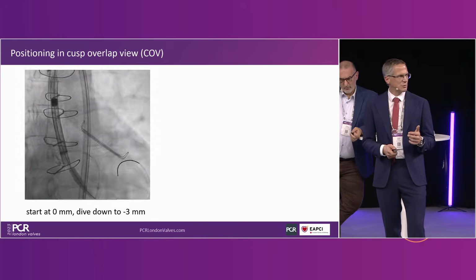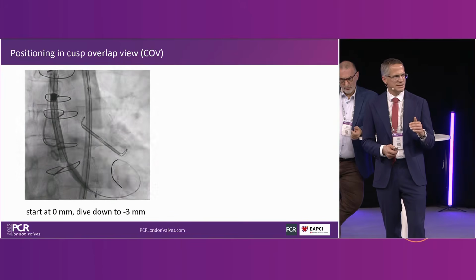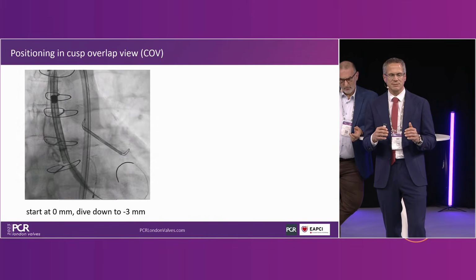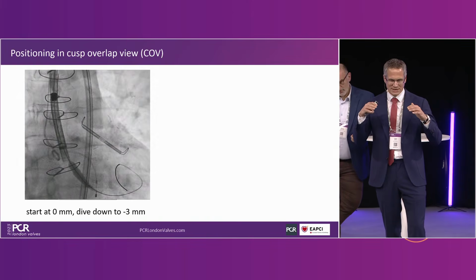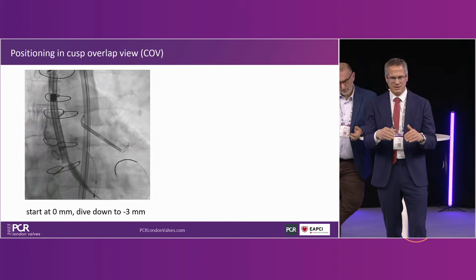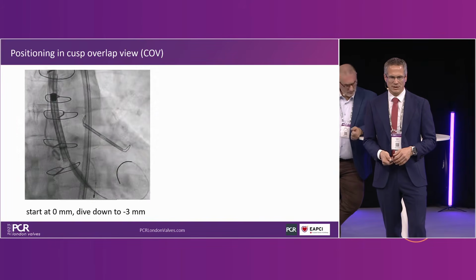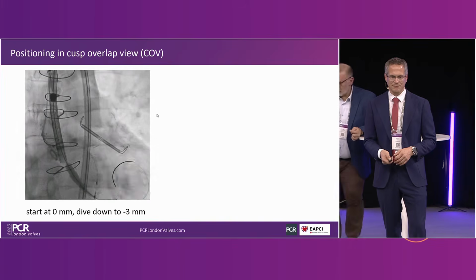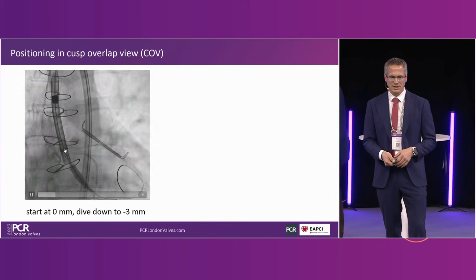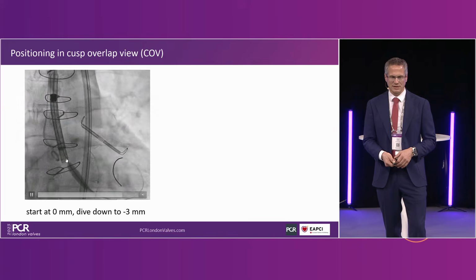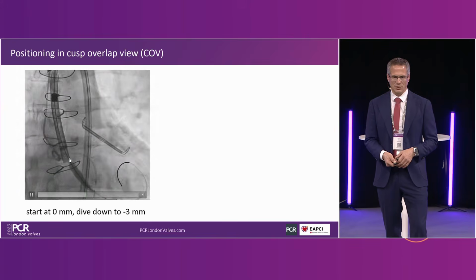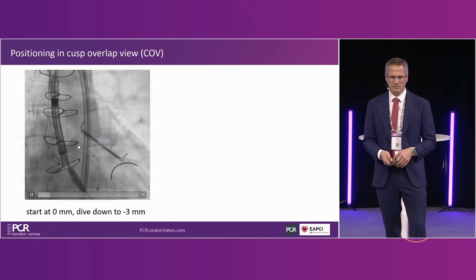Another aspect which we already discussed is that we start at 0, not that much tension in the system, not this 5 to 7 millimeters diving down. Therefore, starting at 0, and you see that already the marker band is above the inflow, and therefore now you dive down to 3.